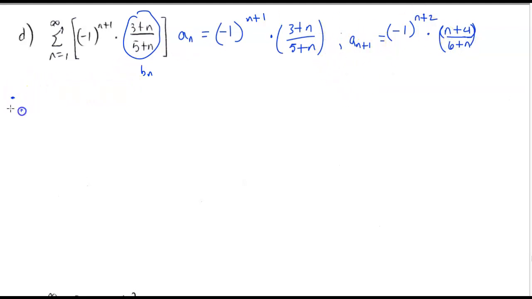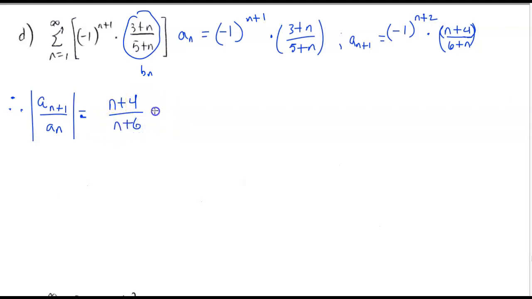And so therefore, our a sub n plus 1 divided by a sub n, and we'll do the absolute value of that. We already know here that the negative 1 raised to the n plus 2 and negative 1 raised to the n plus 1 is going to go away whenever we have the absolute value sign. So we're just going to ignore those. And so here we'll have n plus 4 divided by n plus 6.